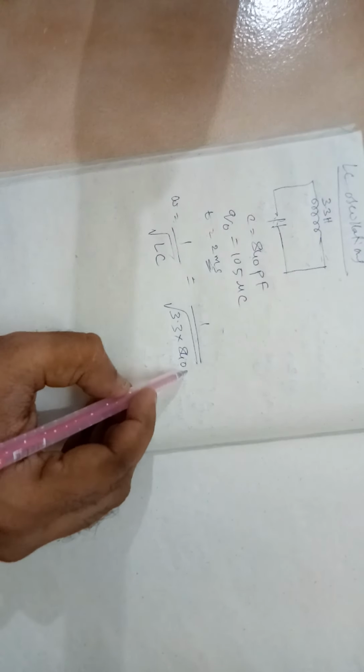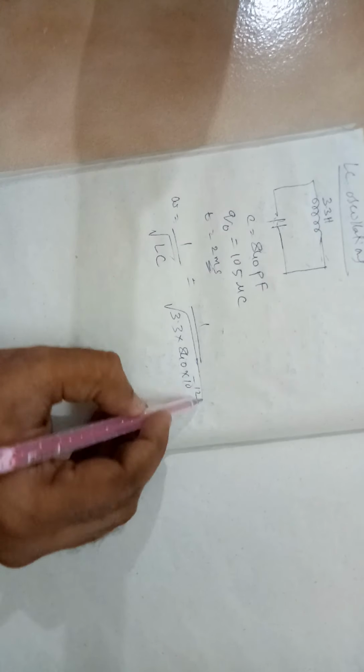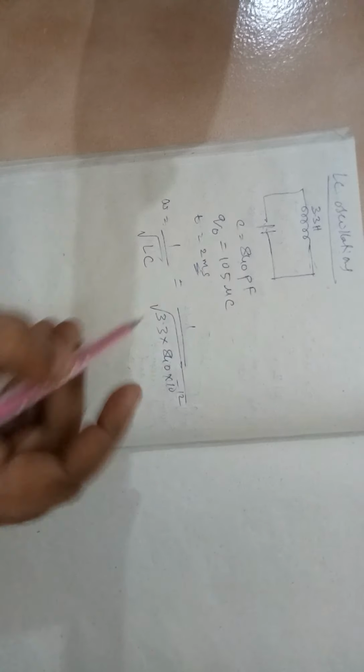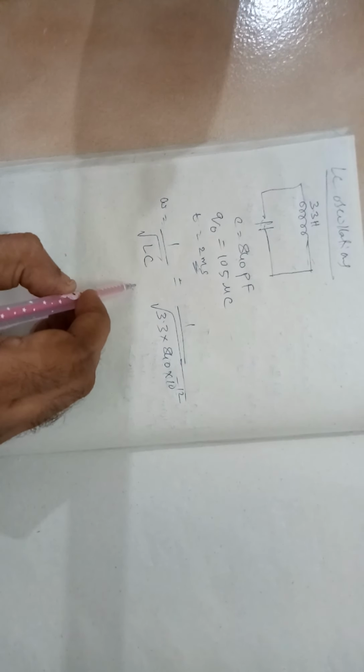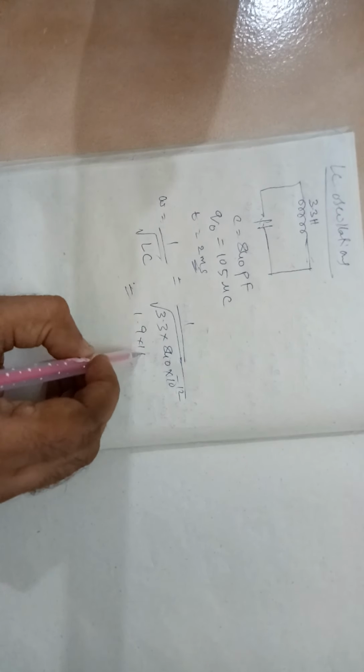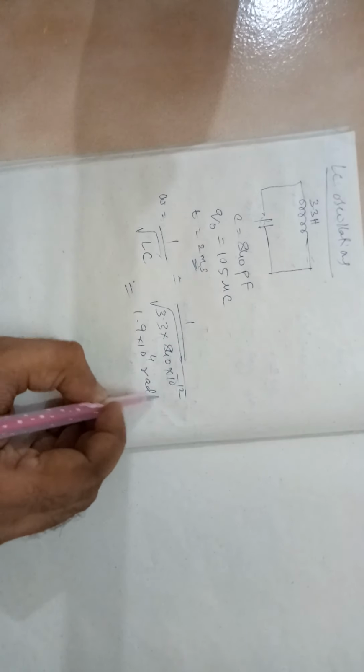This is pico, which is 10 power minus 12. Let me just calculate in the calculator. You get 1.9 into 10 to the power of 4 radians per second.